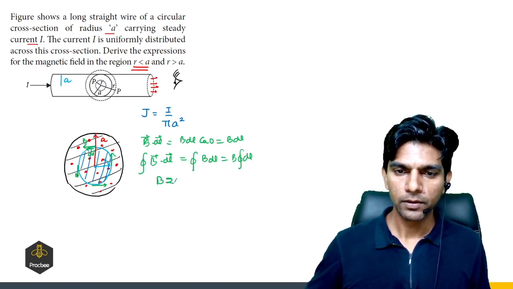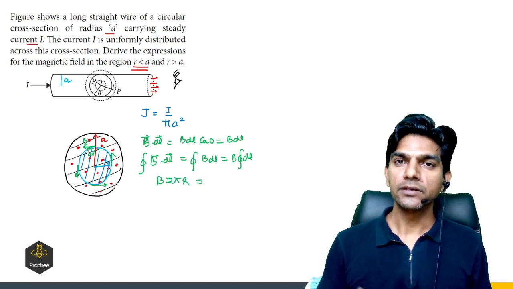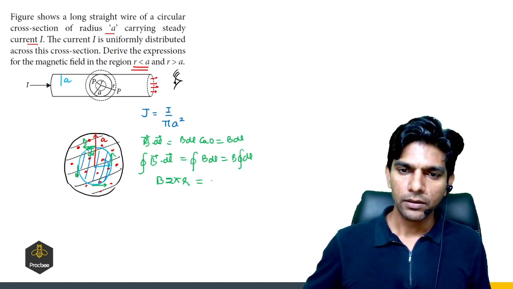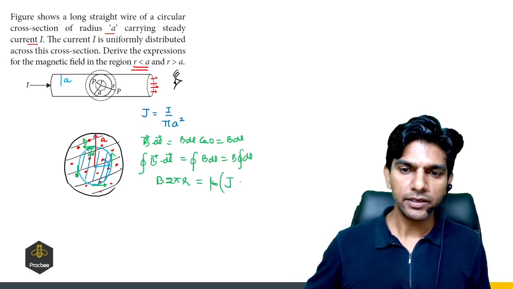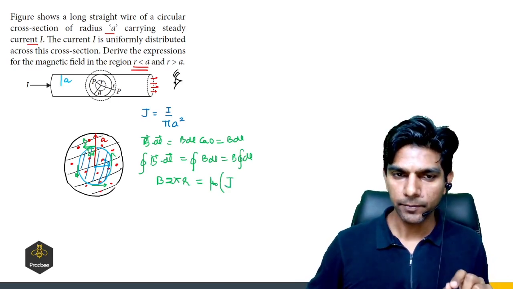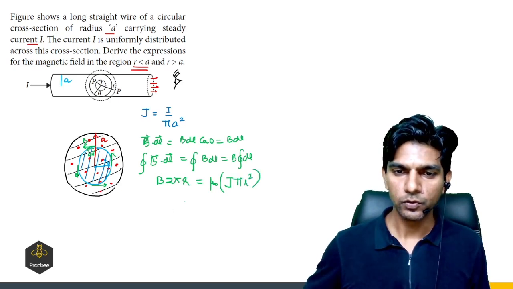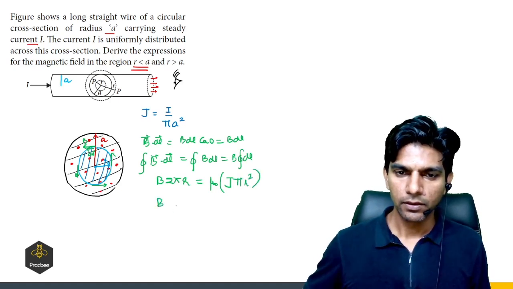So it will be 2 pi r. And the right hand side of Ampere's circuital law is mu naught times the current which is piercing. So mu naught times the current piercing will be the current density multiplied with the area of this Amperian loop, which is pi small r square. So from here, magnetic field will be mu naught j pi r square divided by 2 pi r.